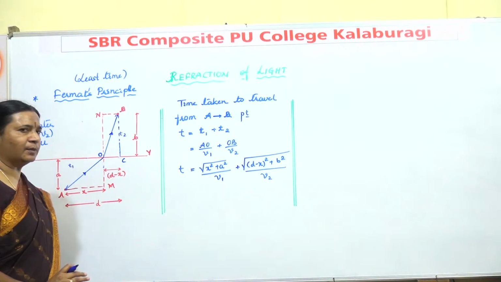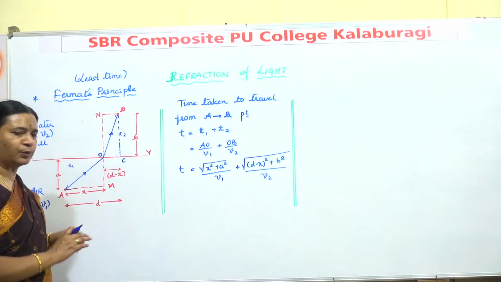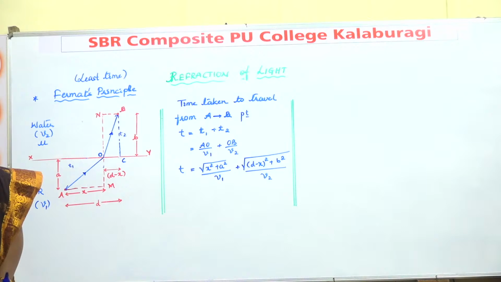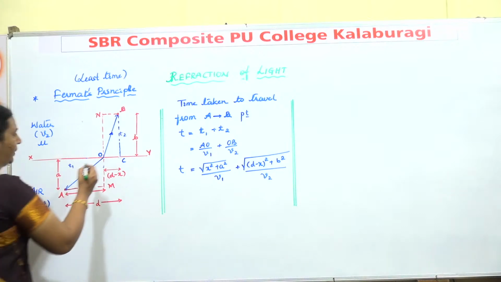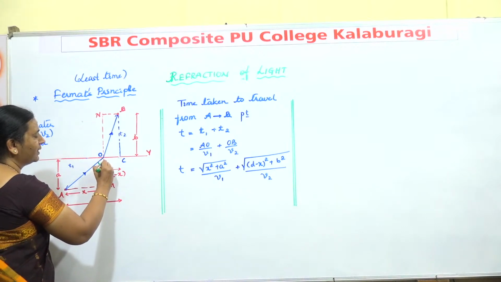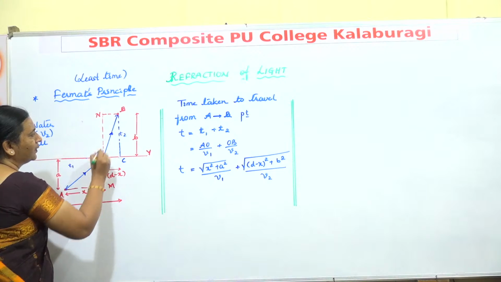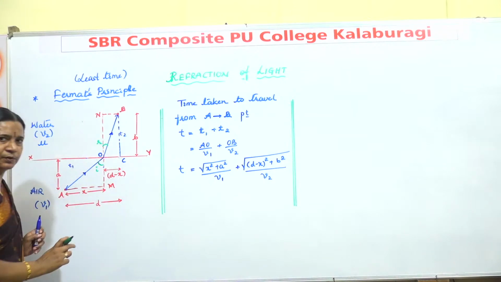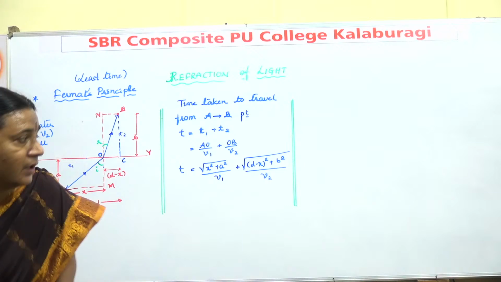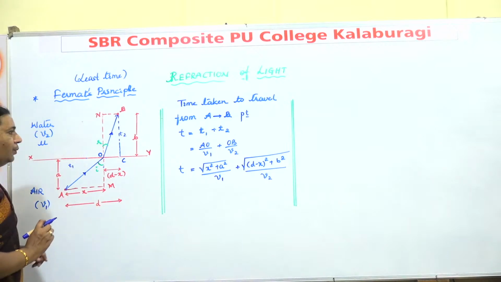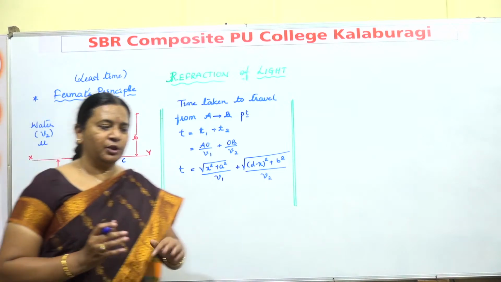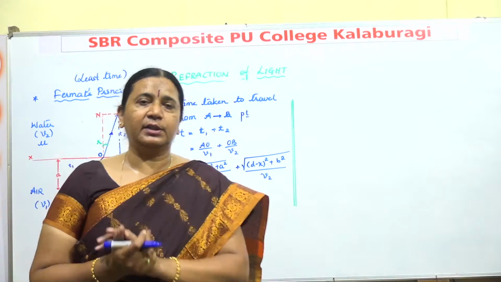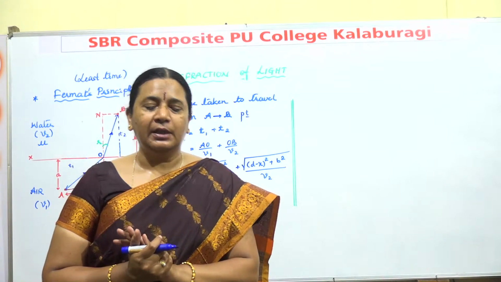If I have taken a particular position, let us prove that it is the minimum time taking path. This became your angle of incidence, let me call it I, and this becomes your angle of refraction R.